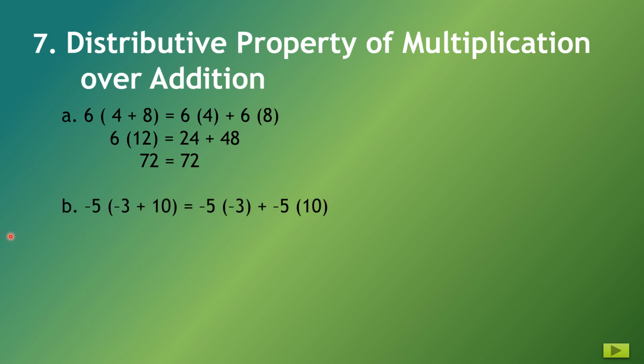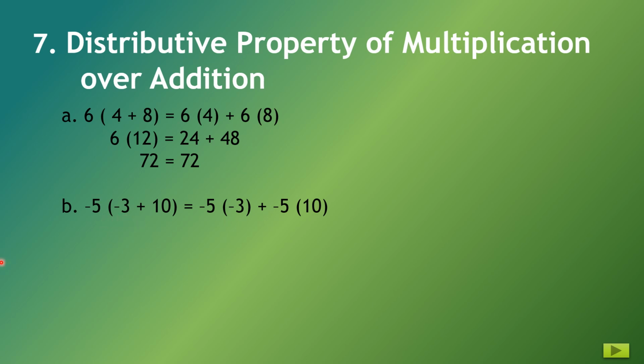Next example. Negative 5 times the quantity of negative 3 plus 10. So yung negative 5, i-distribute natin sa negative 3 at sa positive 10, katulad nito. And then yung plus dito. So magiging negative 5 times negative 3 plus negative 5 times 10. So again, let us apply the process of PEMDAS. Bring down yung negative 5.